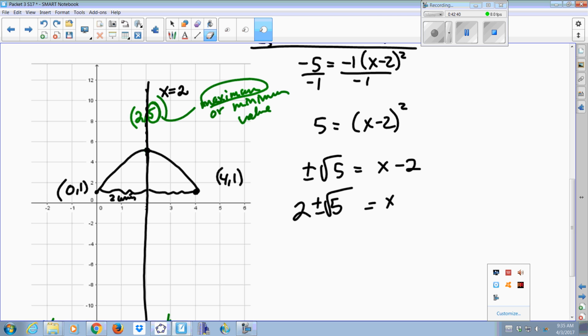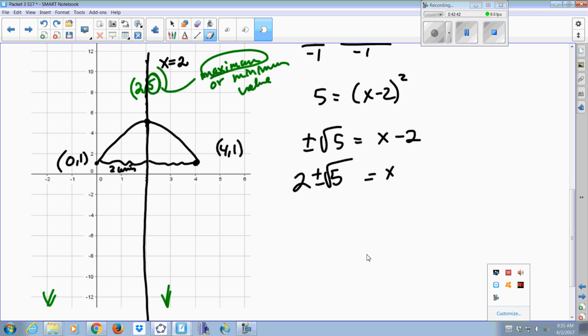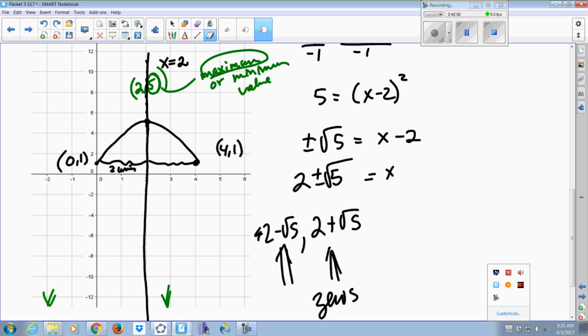Those are exactly the 2 exact zeros of your function: 2 plus the square root of 5 and 2 minus the square root of 5. These are the zeros, the values of your zeros, which means those are the values of your x-intercepts.